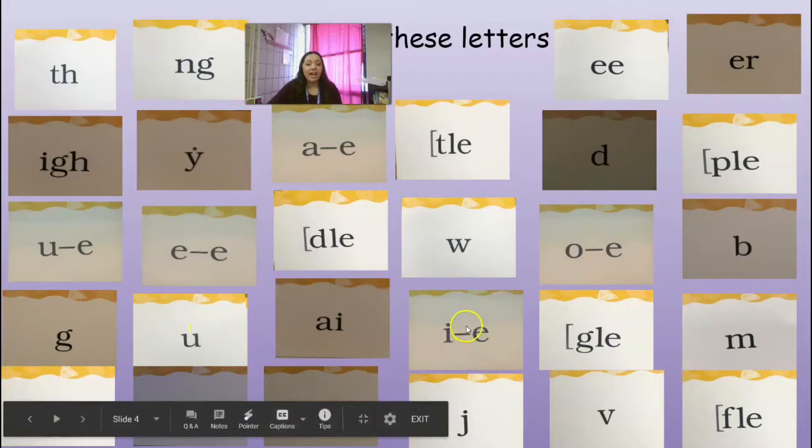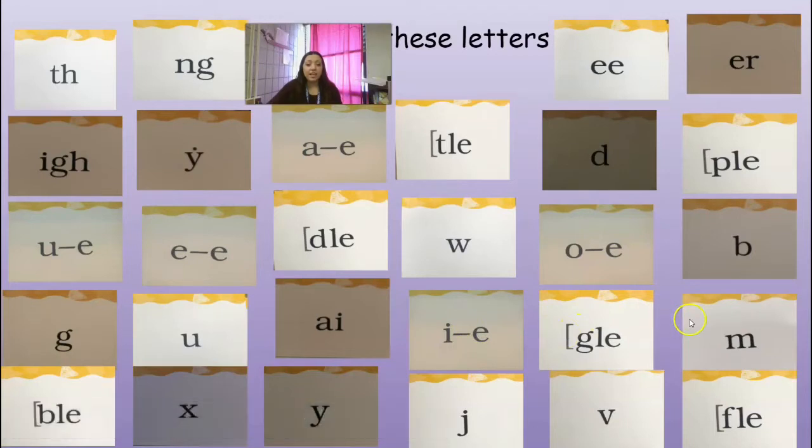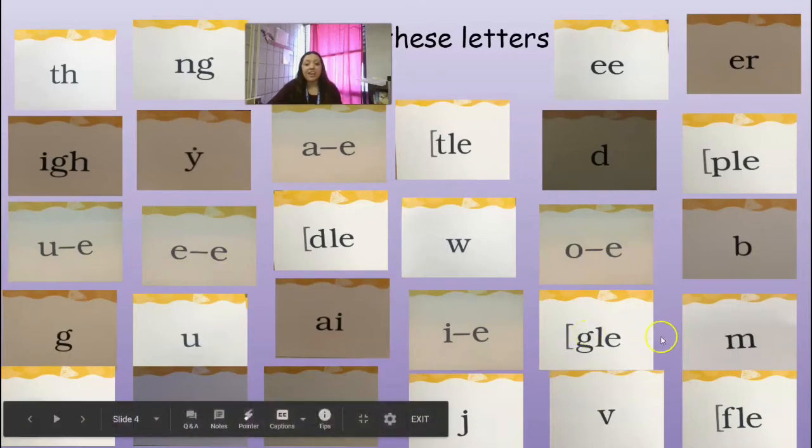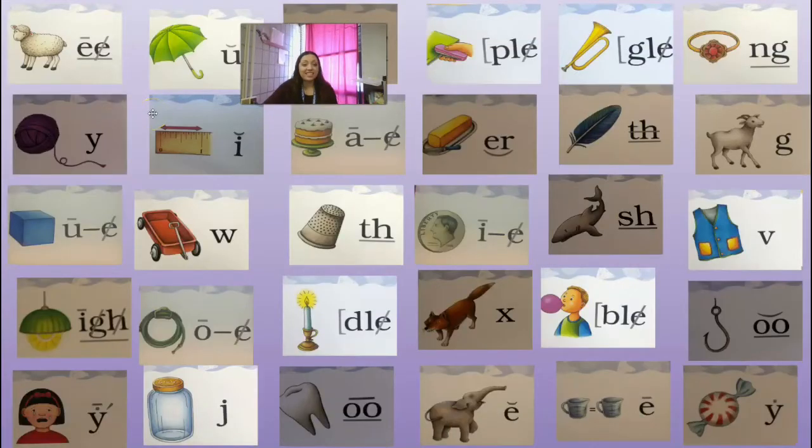Then we have I consonant E, final syllable GLE, M, final syllable BLE, X, Y, J, V, final syllable FLE. Very good.